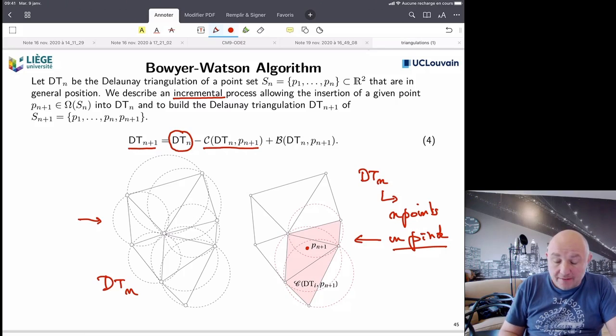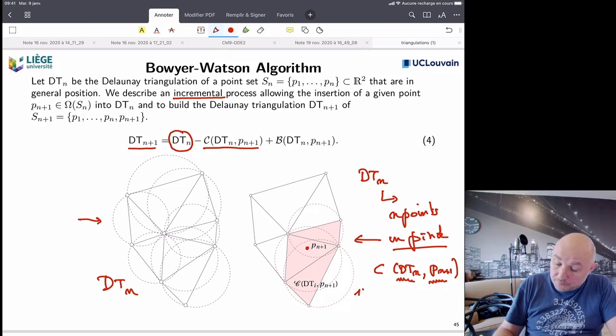And so what are the properties of that cavity? The Delaunay cavity, okay, C of DT n, P n plus 1. This is the Delaunay cavity corresponding to the Delaunay triangulation DT n, with the addition of P n plus 1.